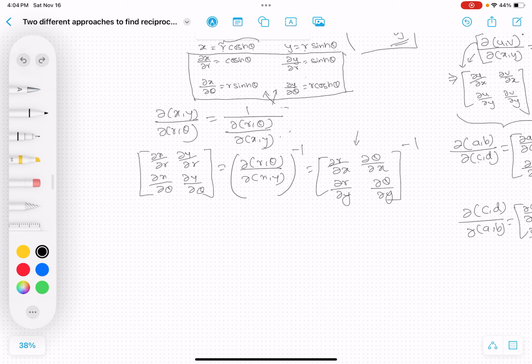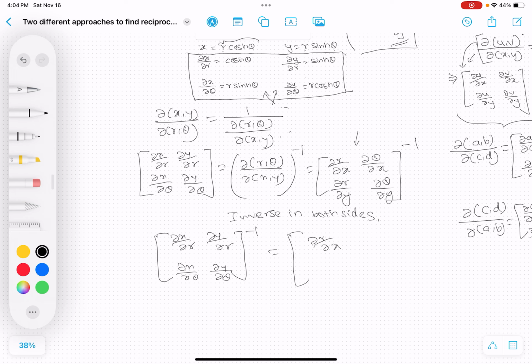I mean, if you don't understand, if I take the inverse on both sides, now this will have the inverse and this will not, right? Dx by dr, dy by dr, dx by d theta, dy by d theta. I did that just because we need to find this matrix over here, and it's difficult to reciprocate because the values are unknown, right? I hope you get that.